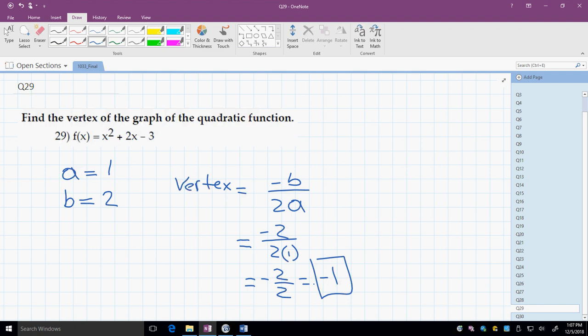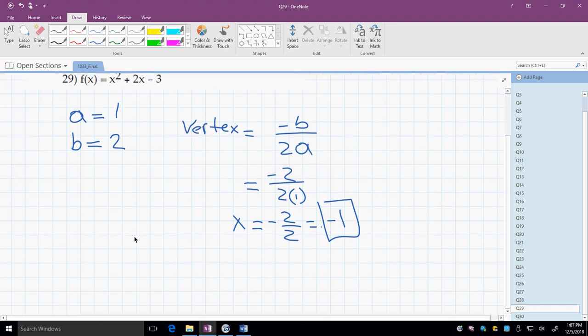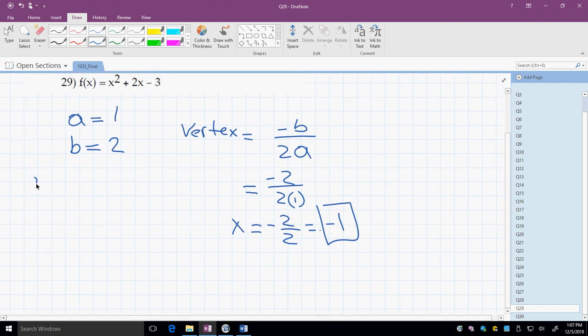For the vertex, they want you to have the point, the x and the y. This one is the x. Now to find the y, we have to take the negative 1 and plug it back in the function. So it's going to be negative 1 raised to the second power plus 2 times negative 1 minus 3.